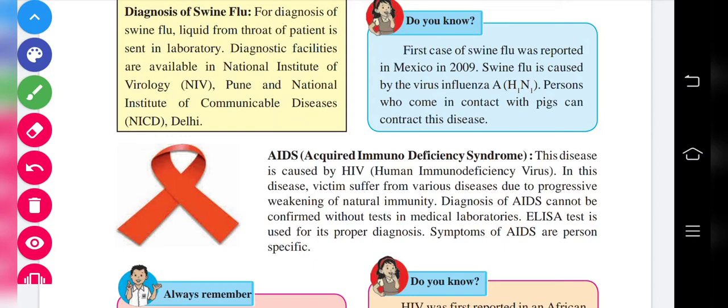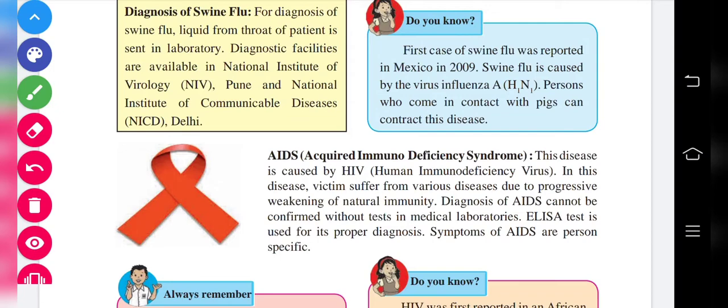There is weakness in the persons suffering from this disease. The diagnosis of the disease cannot be confirmed without a test in a medical laboratory. This test is known as the ELISA test, which is used for its proper diagnosis. ELISA is a very important test for the diagnosis of AIDS or the HIV virus.